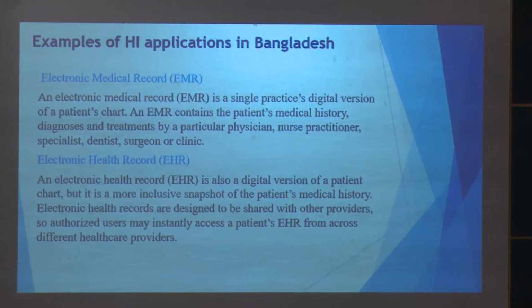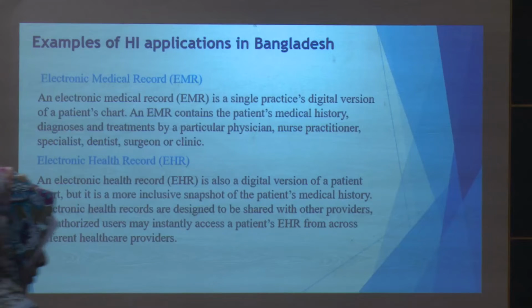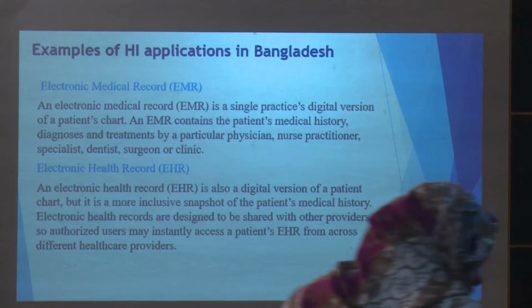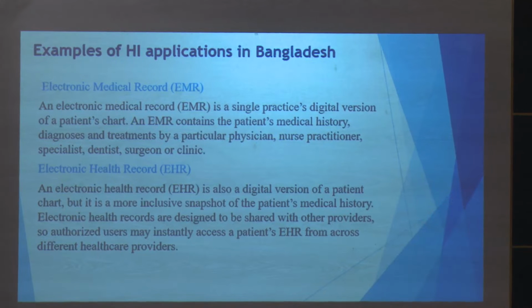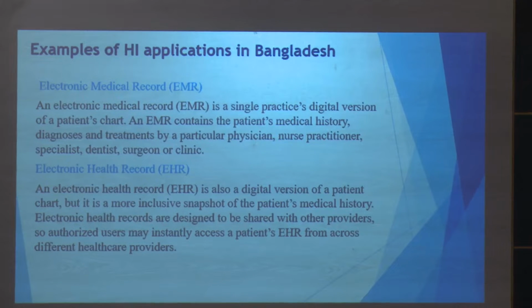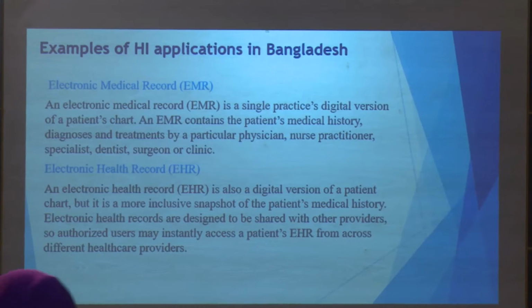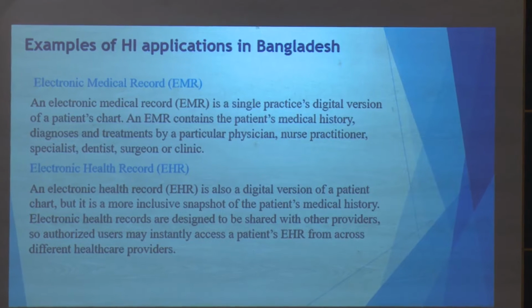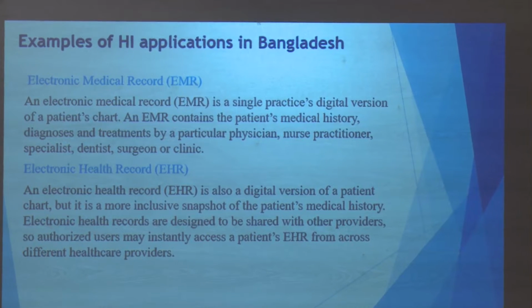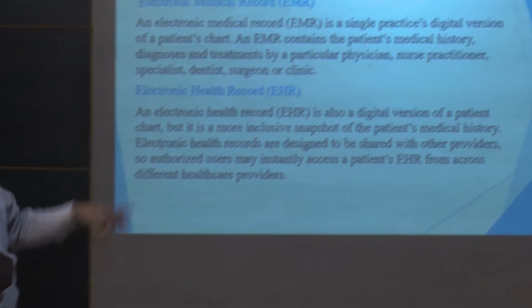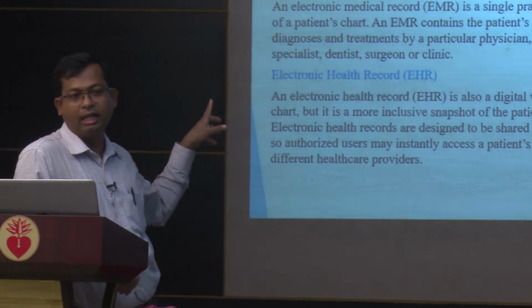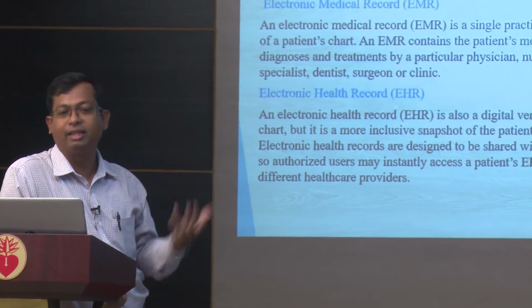And the same thing, an electronic health record is also a digital version of a patient chart, but it is a more inclusive snapshot of the patient's medical history. Electronic health records are designed to be shared with other providers. That is the difference. So EMR is used in a single facility, one hospital, and the EHR, electronic health record, is basically called shared health record.